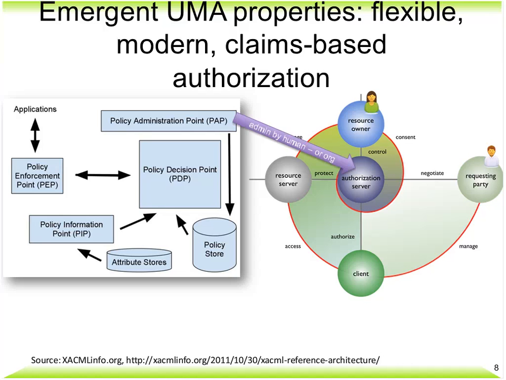So for starters, a policy administration point is what the authorization server presents to Alice, but the resource owner doesn't have to be a human being. It could be an organization, a corporation, for example. So that's one similarity there.